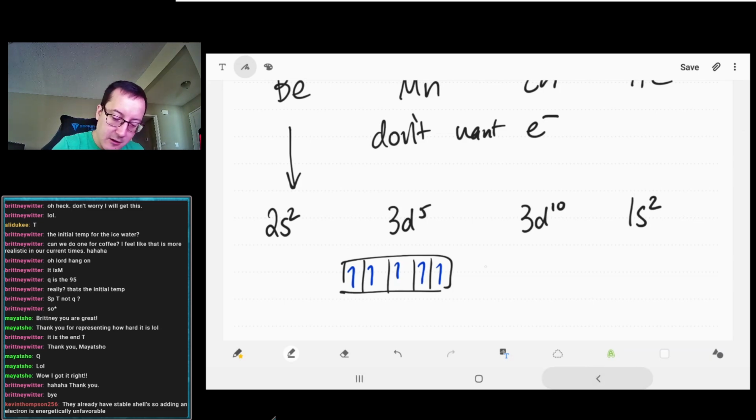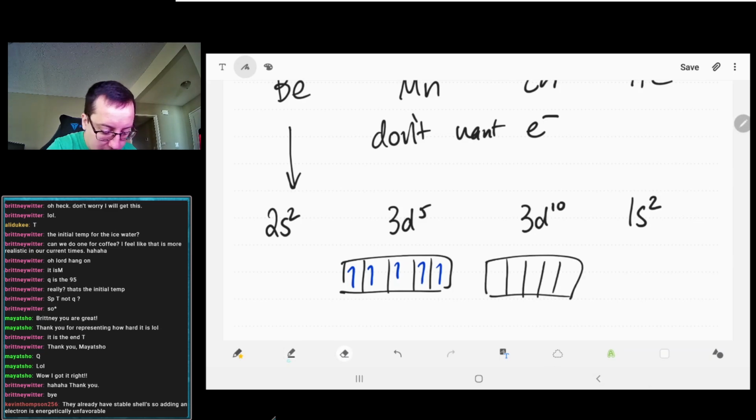Same thing here. Our zinc has a full D shell. It's not going to want to put any more in. So remember those blips that we had with ionization energy? It's the same thing for electron affinity. So when we mess with the stable shells, that's when problems happen.